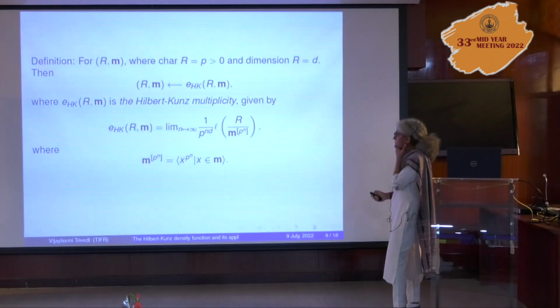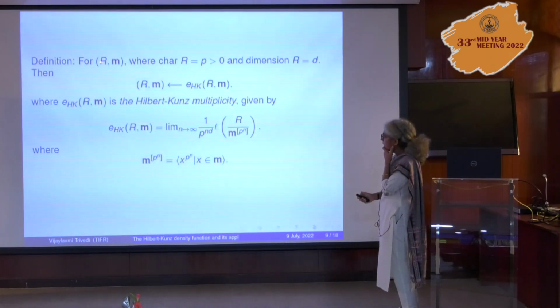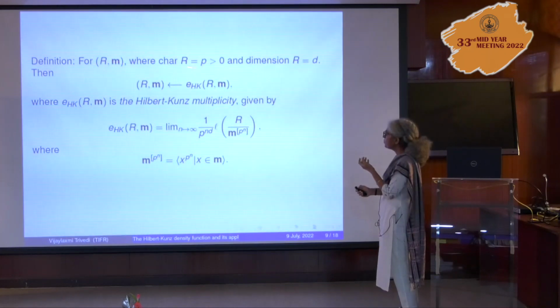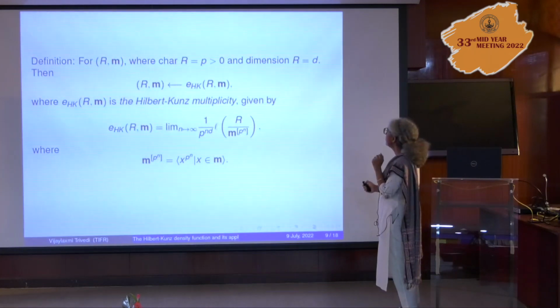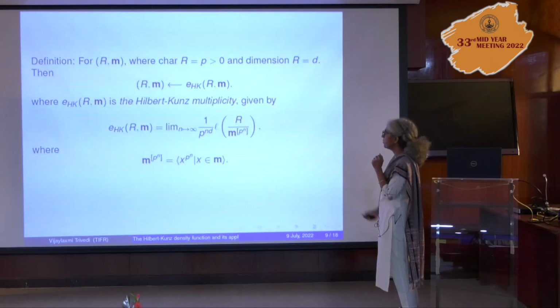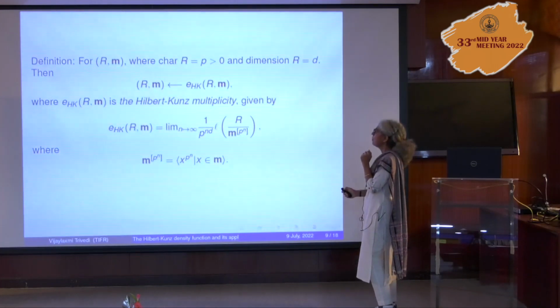So now, analogous to the usual multiplicity, take a ring R, so you have Spec R and m a point, and suppose the characteristic of R is positive and the dimension of R is d. Then you associate a numerical invariant e_HK(R, m). It is a real number greater than or equal to 1.